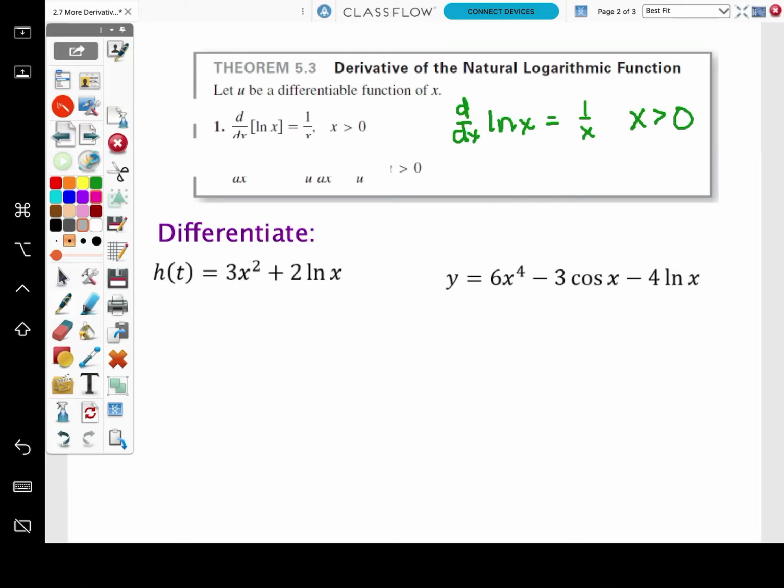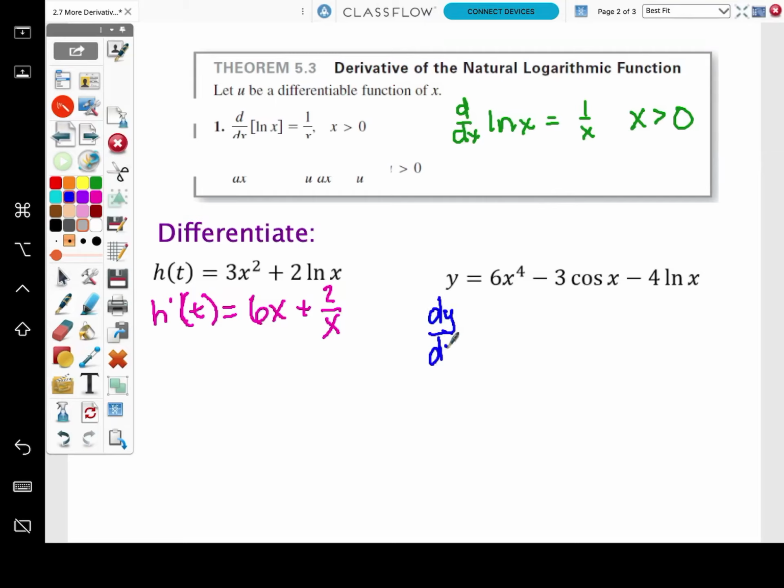So again, combine that with all the other rules we've already learned, and let's differentiate. H prime of t is going to be 6x plus 2 over x. Constant multiple of 2, derivative of natural log is 1 over x. Perfect.